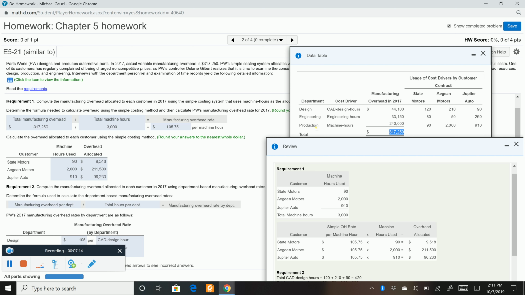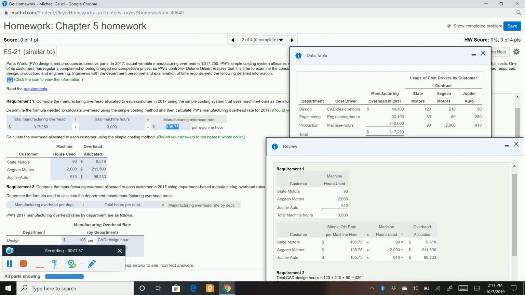Now, with the simple allocation method, we are going to allocate the $317,250 of overhead to our jobs based on total machine hours, which would be our predetermined overhead cost driver. So we take the $317,250 of overhead divided by the total machine hours of 3,000, and our predetermined overhead rate is $105.75 an hour.